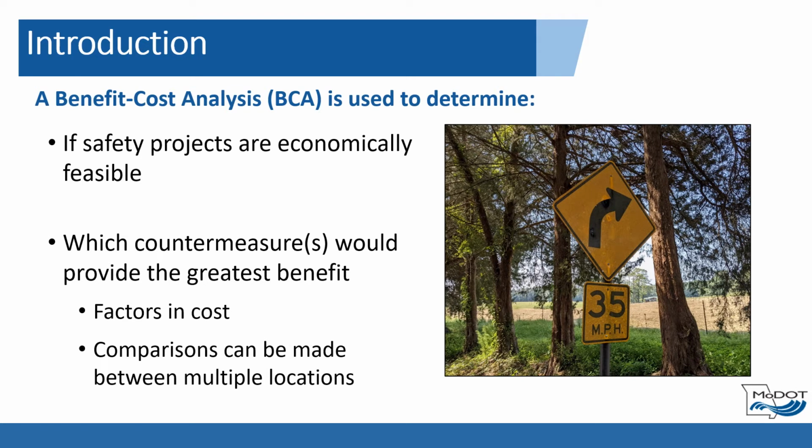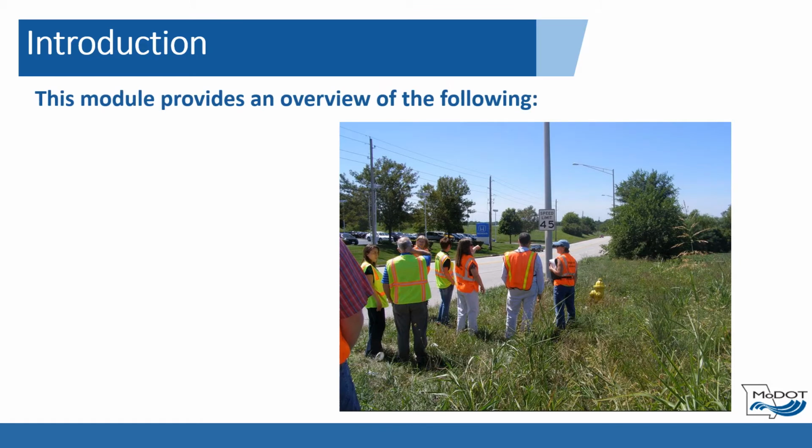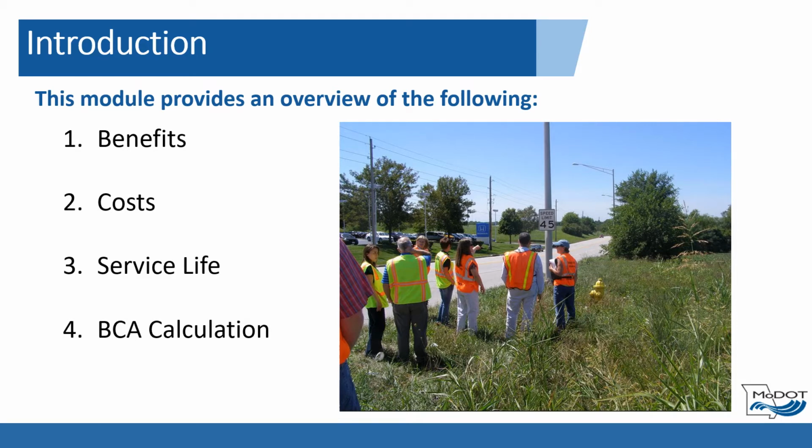Comparisons can be made to determine if an improvement at one location would be more beneficial than the same or another improvement at another location. This module provides an overview of the following: benefits, costs, service life, BCA calculation, and documentation.